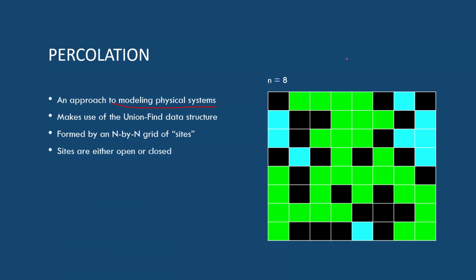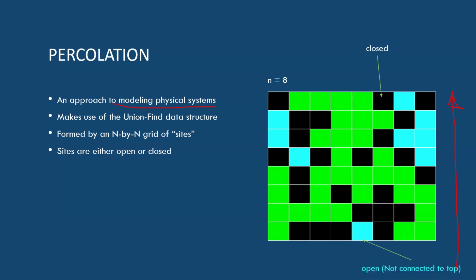So it's actually very hard to know the answer to that through statistics, probability, and math purely without a computational model. So what we're going to do is come up with a kind of game where we'll say, things that are black are not connected to anything. Things that are blue are connected, but not all the way through. We're going to imagine our flow of water wants to go through here, or our flow of electricity wants to go through there, right?